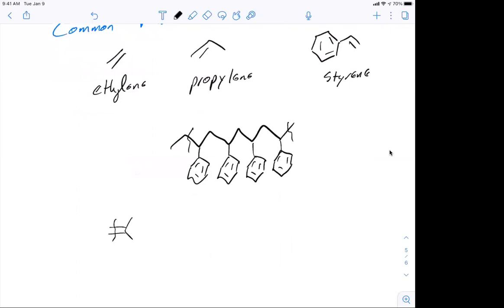There's also some side group names that are pretty common. The first one's not as common as the next two. This is methylene. You'll see this whenever you have something attached to a group, right?